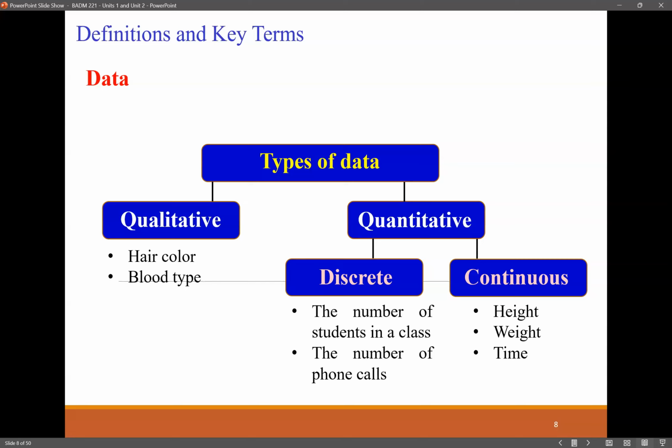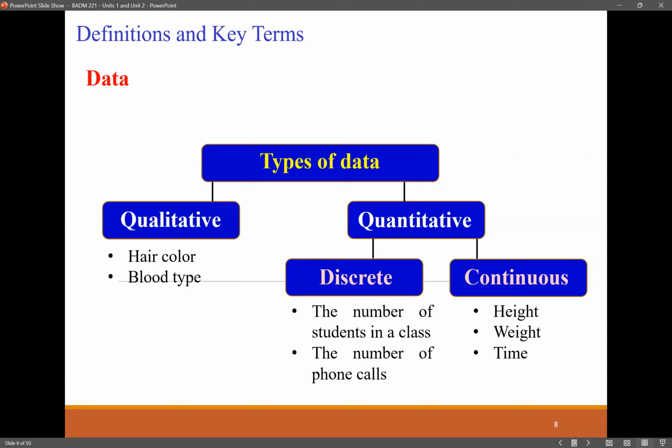Generally it will be an integer, not a decimal, whereas any measurable quantity can be called continuous quantitative data. For example, height of a person. It can be 155.1, 155.125, 155.175, and like that.